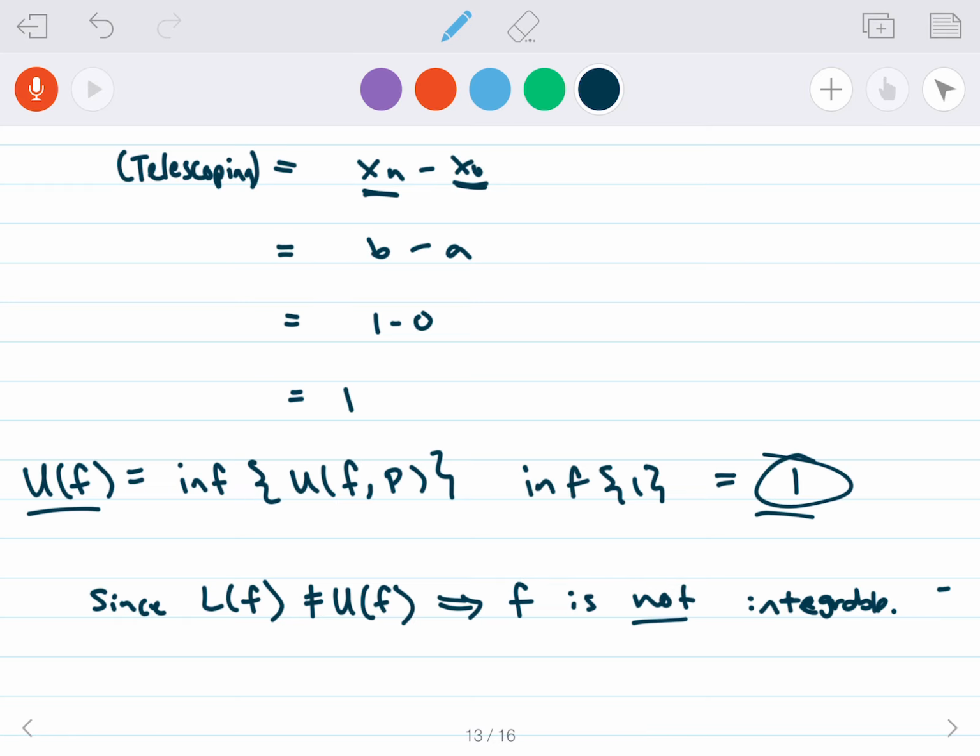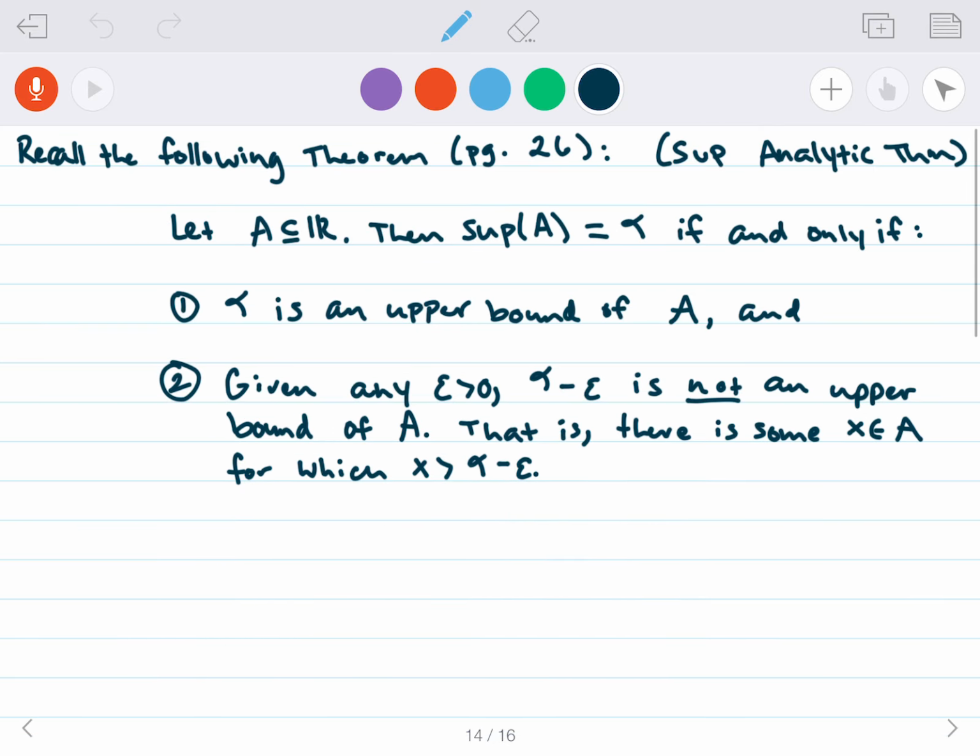So let's go ahead and recall a theorem that we did very early on in the course. This was the supremum analytic theorem. This was the sup version of the analytic theorem, and we also had the inf version. So just recall this, what does it mean to be a supremum of a set? Say we have a subset A of the reals, then the supremum of that set A is equal to alpha if and only if the following two conditions are met.